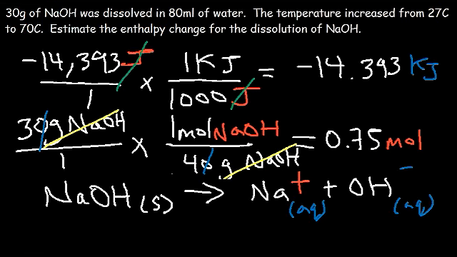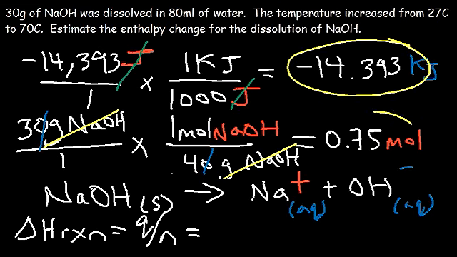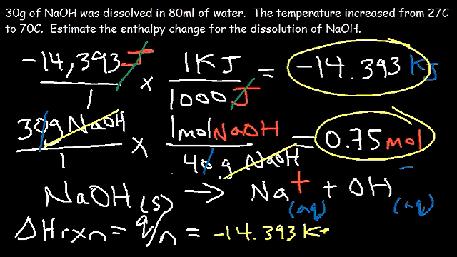And now, the enthalpy change of the reaction, as we mentioned before, is Q of the reaction divided by n. So we just got to divide the kilojoules by the number of moles. So it's negative 14.393 kilojoules divided by 0.75 moles.